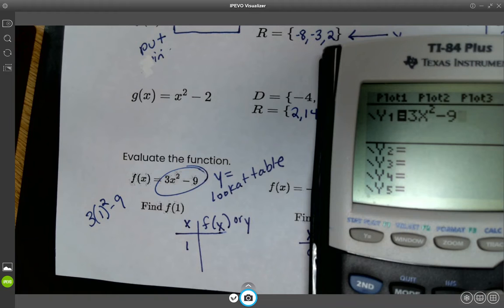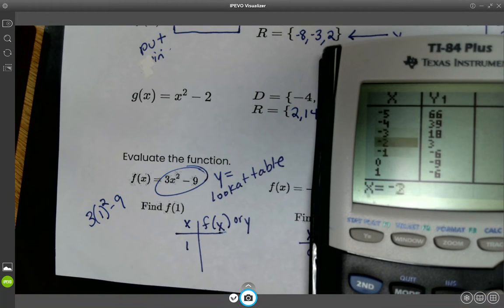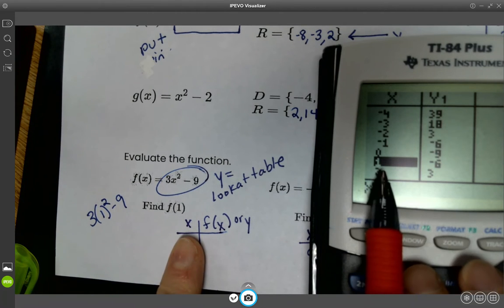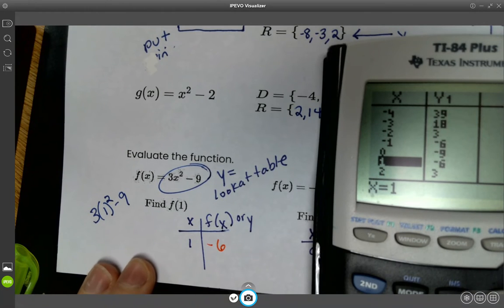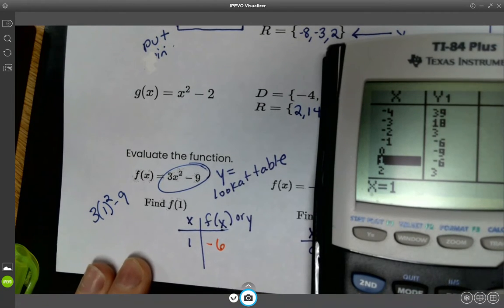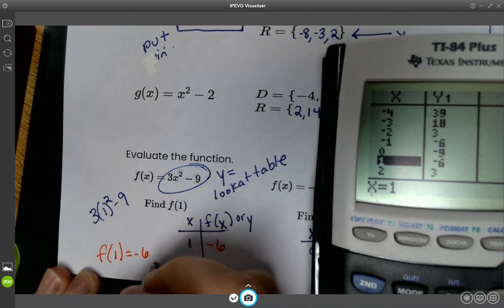Make sure you put minus 9 and not negative 9. Then we'll look at our table. Second graph. And we want to look at when x is 1, what is y? X is 1, y is negative 6. So f of 1 equals negative 6.